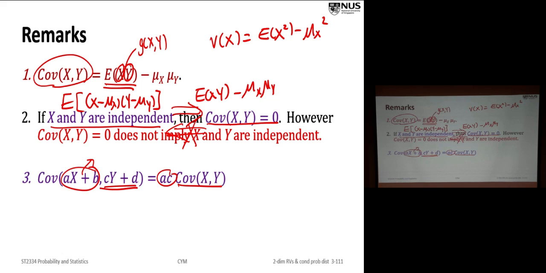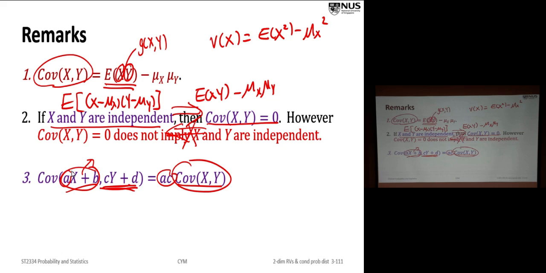So in other words, if you create two new random variables by multiplying the first one, x, with a and then adding a constant, and the second random variable that you create is multiplying y by c and adding d, then the covariance of these two new random variables is the same as AC times covariance of xy.